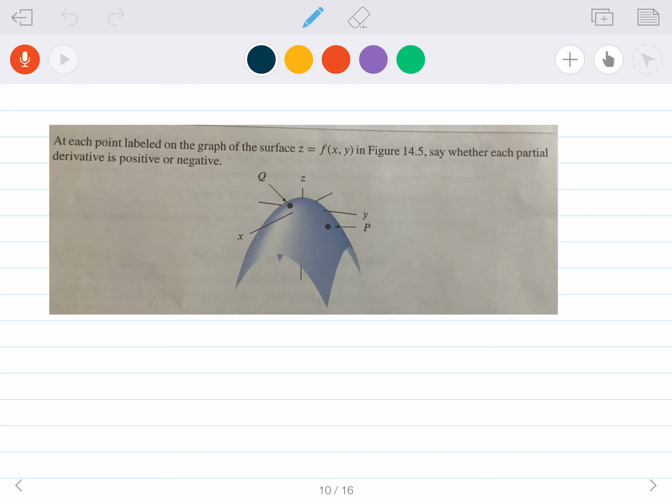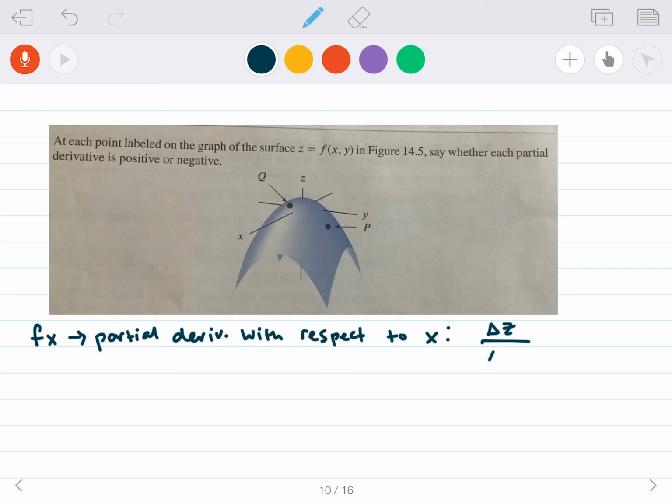So another way to think about these partial derivatives, so we have f sub x, this is the partial derivative with respect to x in the x direction. We can also think of it as the change in z over the change in x, right?